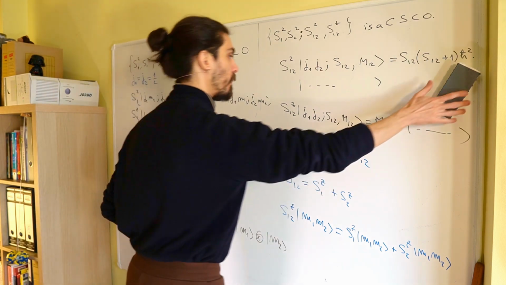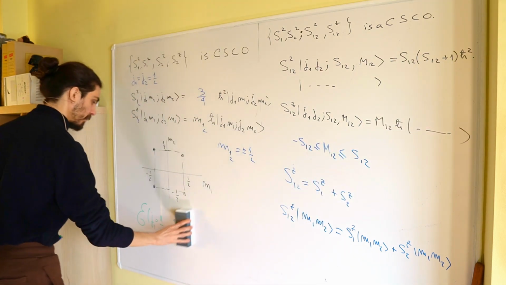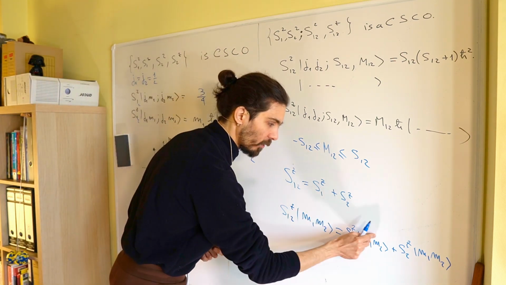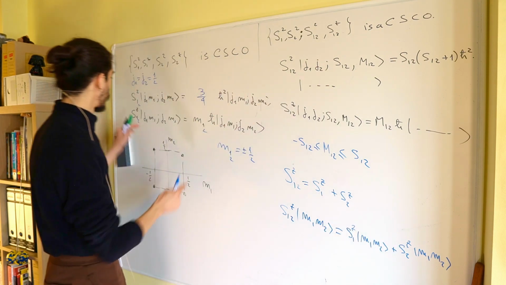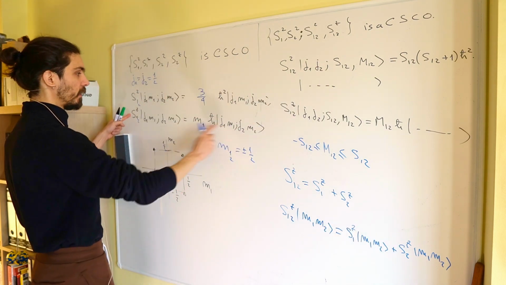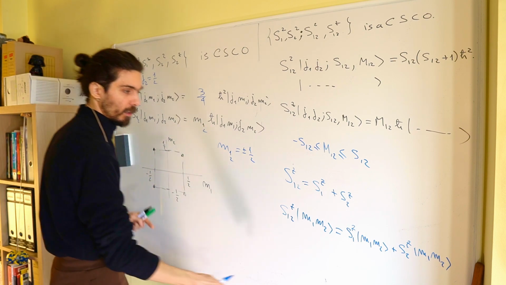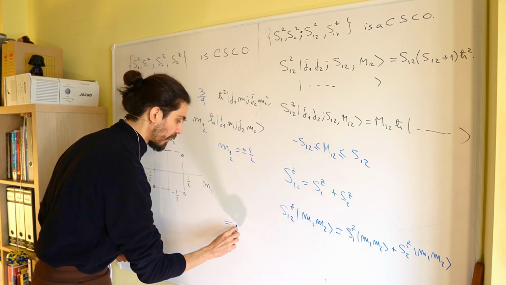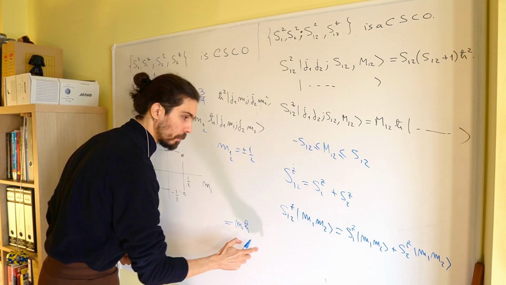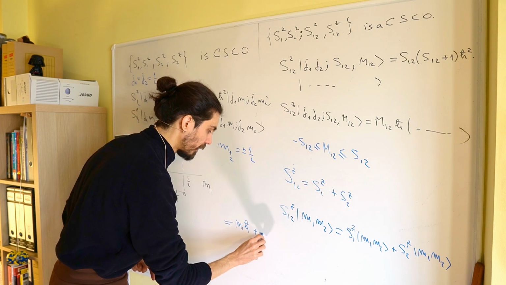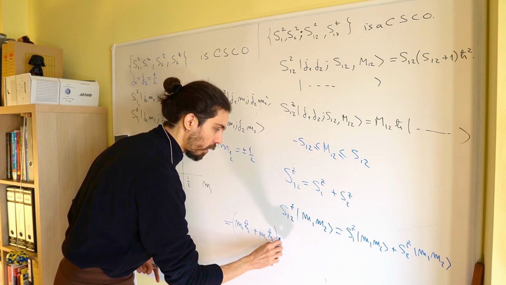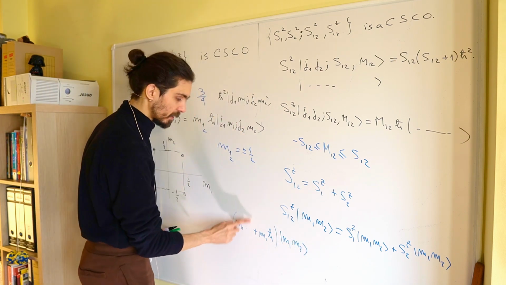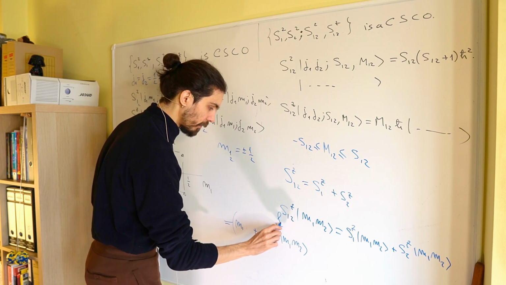I need more space, so let me erase this part here. Now, how does this thing act on that, and how does this thing act on that? Well, you just use the definition here. It's going to give us M1 h bar from this one, and from that one you get plus M2 h bar. All of that multiplying M1, M2. Let me suppress this and put the h bar here.